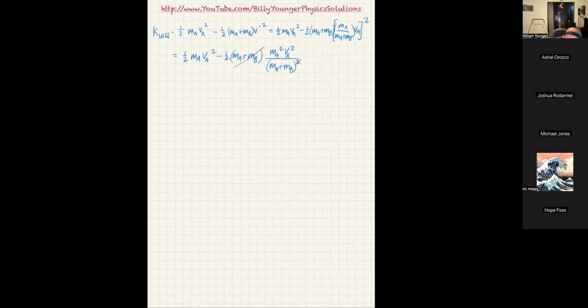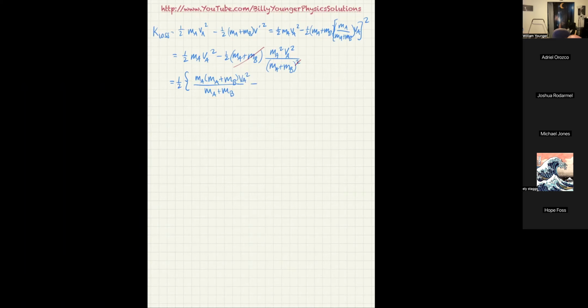So I'm going to multiply the first term by MA plus MB over MA plus MB. In doing so, let's pull the 1/2, which is common to both of them, completely out in front. So this is going to become MA times MA plus MB over MA plus MB, and then, of course, this is all times VA squared, minus the second term.